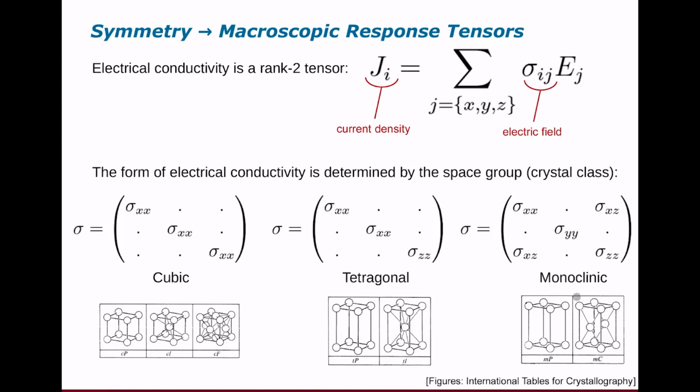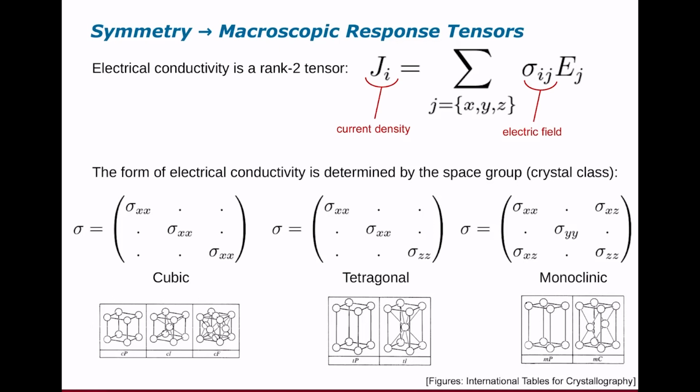Now, if you have, for example, a monoclinic crystal, I'm not sure if this figure is clear enough because it has this 3D perspective, but in cubic or tetragonal crystals, you have the three lattice vectors of your unit cell normal to each other. In monoclinic systems, one of the lattice vectors is not normal to one other lattice vector, okay?